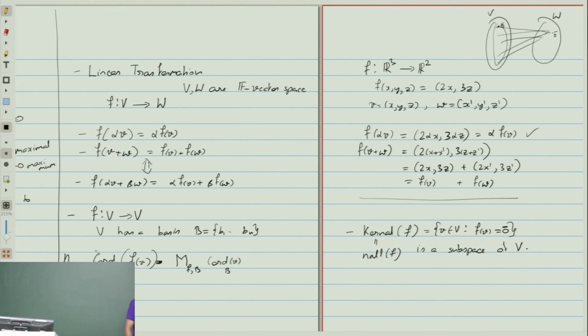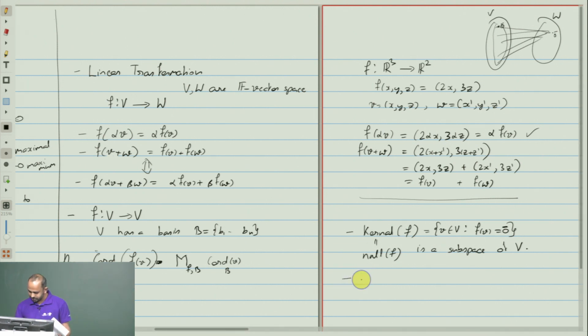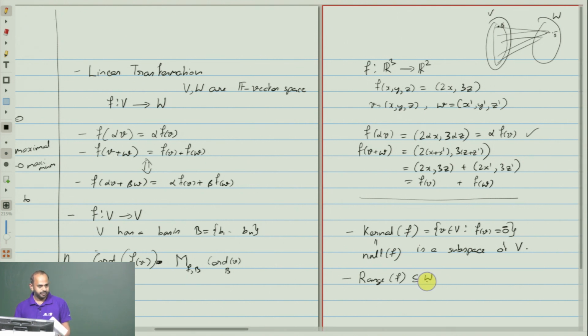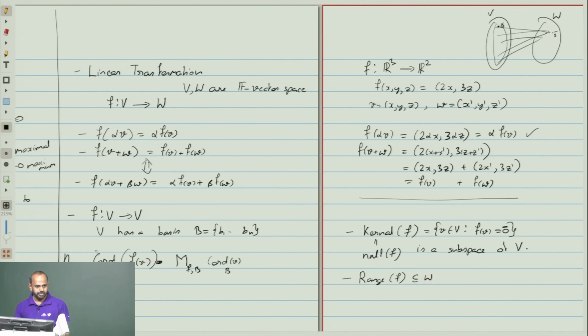So, this is a subspace, we have established that. Now, another space is called the range of f. The range of f is a subset of W. Everybody remembers old functions, no? What is the range of a function? Subset of the codomain.